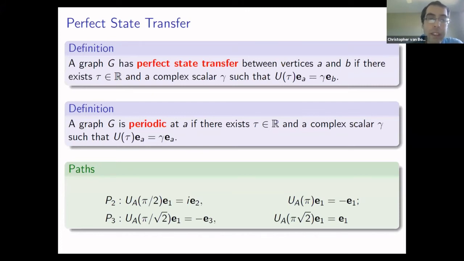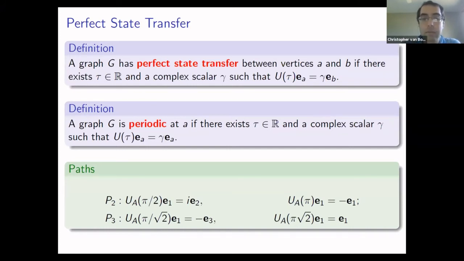And so we have a couple of examples for paths. So on a path of length 2, we have perfect state transfer between its 2 vertices at time pi/2, and then periodic at time pi. And for a path on 3 vertices between its end vertices, we get perfect state transfer at pi/√2.